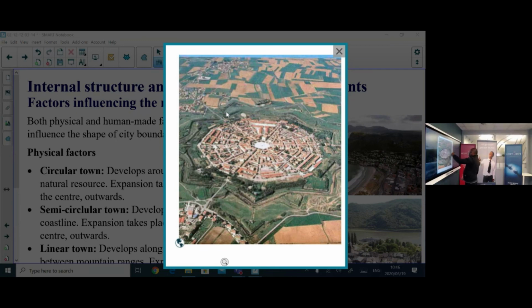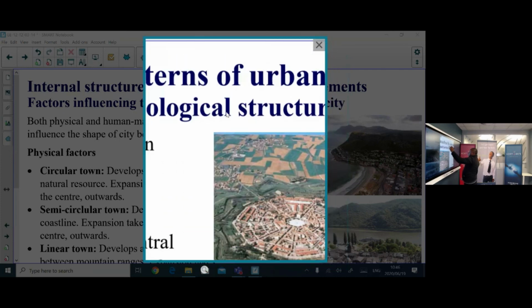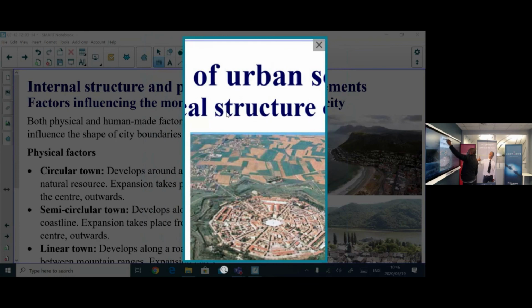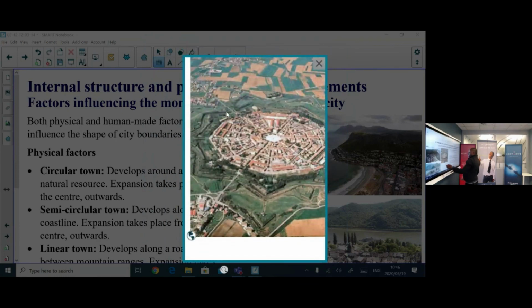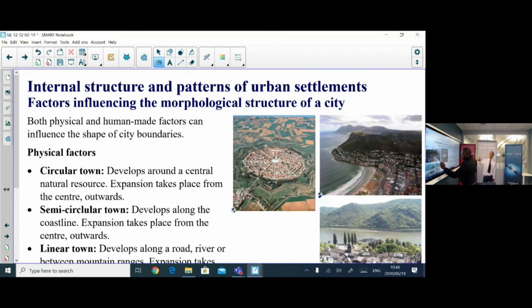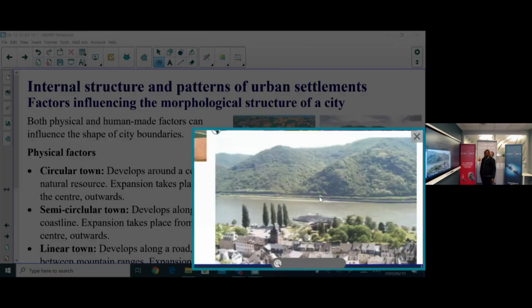As you can see, the buildings are in a circular position. And then let's look at this other one. This is actually linear. As you can see, this is a river, and the buildings are built along the river in a line pattern. So that's linear.